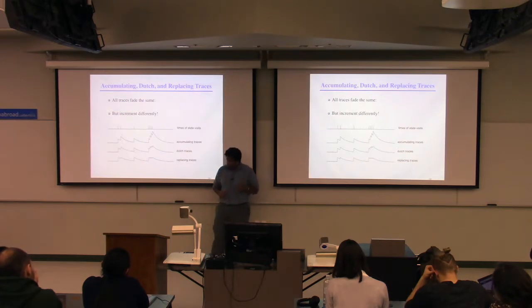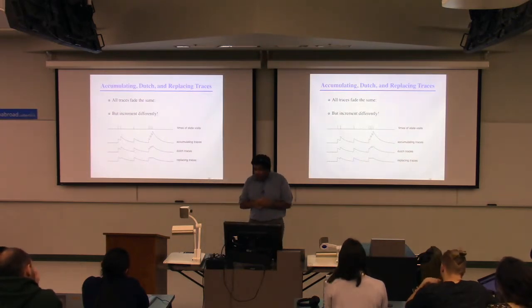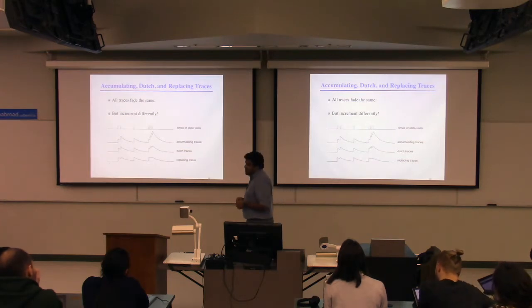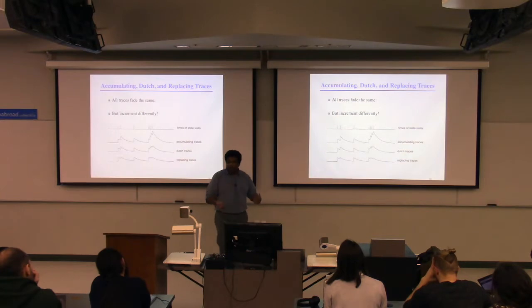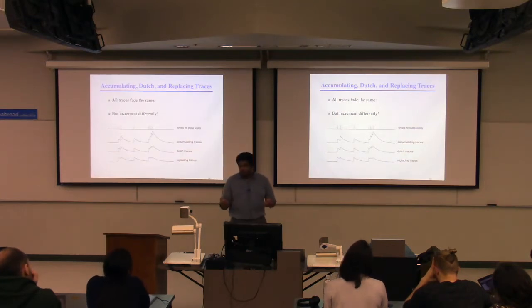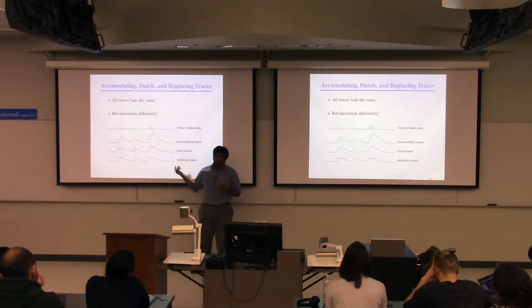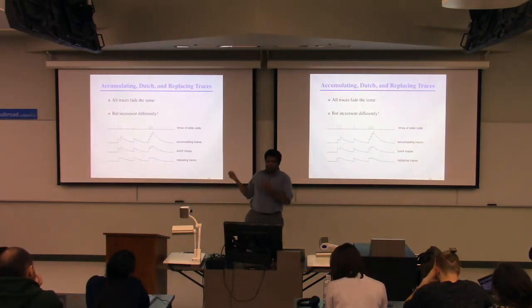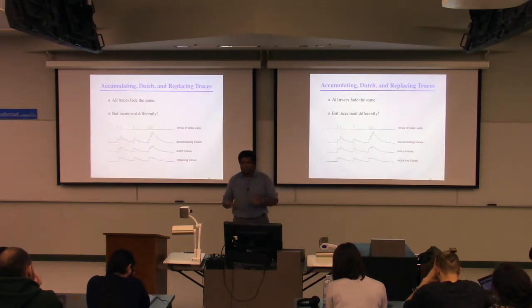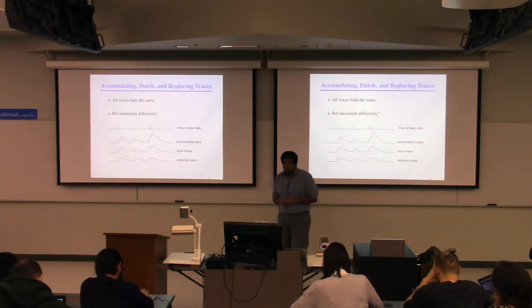Dutch traces are not quite as well constrained, but they are well behaved and they provide this exact equivalence, and they provide faster learning. They're not as well behaved as replacing traces, but replacing traces don't make sense in general. They're much better behaved than accumulating traces. Other questions on this?